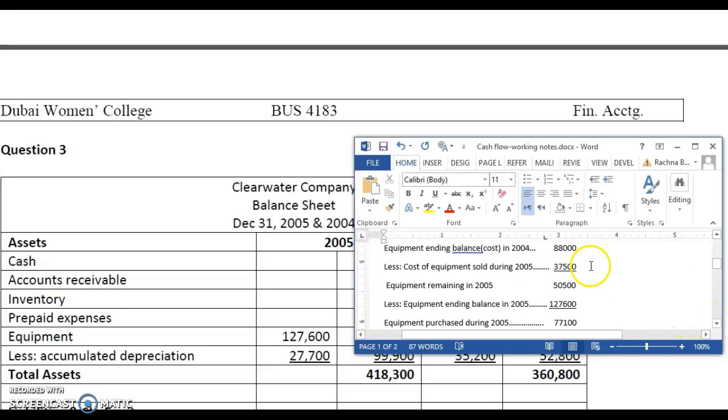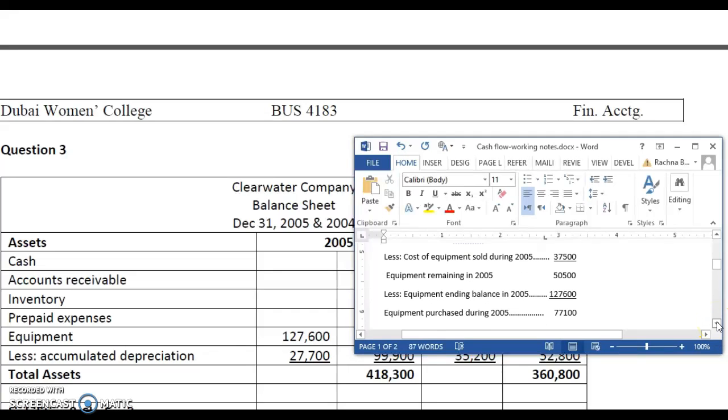When we do this, we get the equipment of the cost of 50,500. But the equipment which is shown by the balance sheet at the end of 2005 is 127,600. So the difference between 50,500 and 127,600, which is 77,100, is the cost of equipment purchased during 2005.